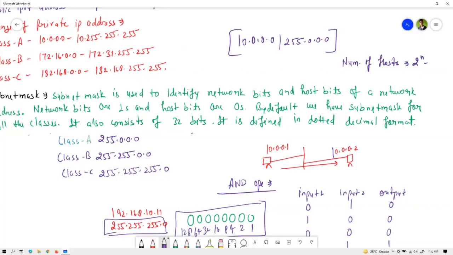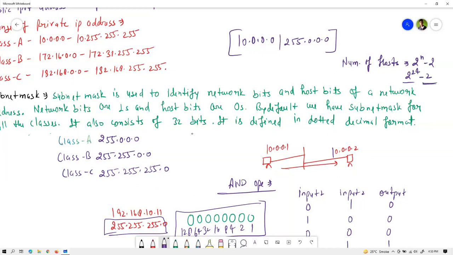Here it will be 2 to the power 24 minus 2. It will be a very big value, around 16 million. You can calculate it.